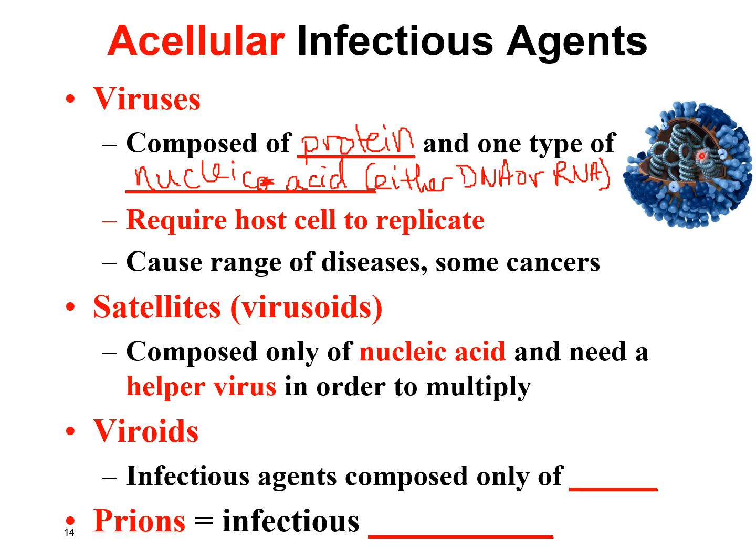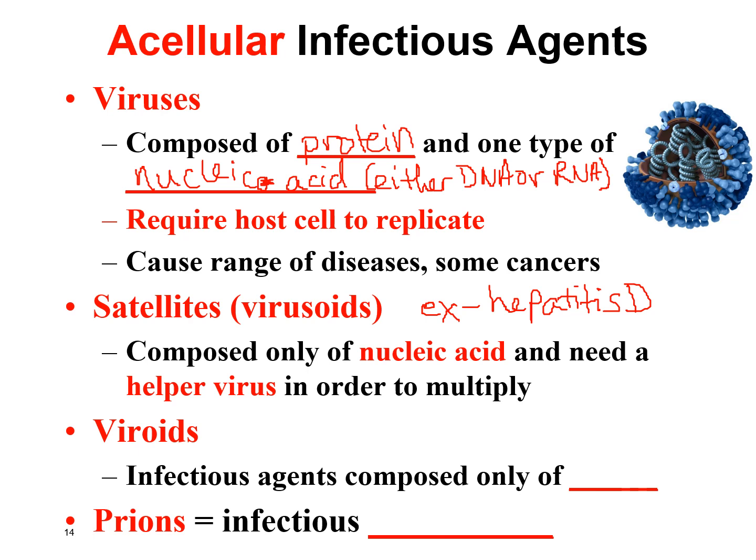Okay. And then we have something called satellites, which sometimes you also hear called virusoids, but I'll just use the word satellites. And these are composed of a nucleic acid, either RNA or DNA, and they need the help of a helper virus in order to reproduce. Okay, and so an example here of a satellite in humans is hepatitis D as in dog.